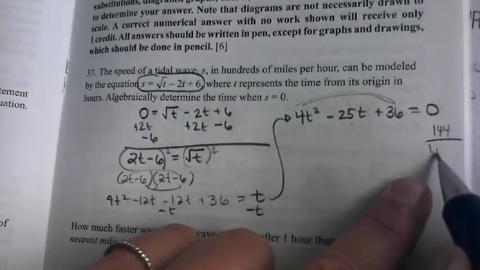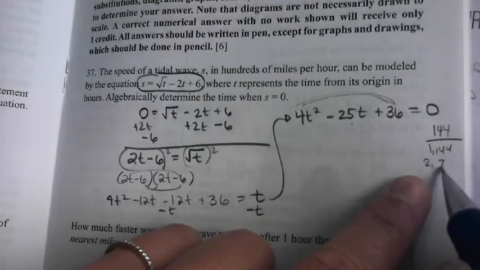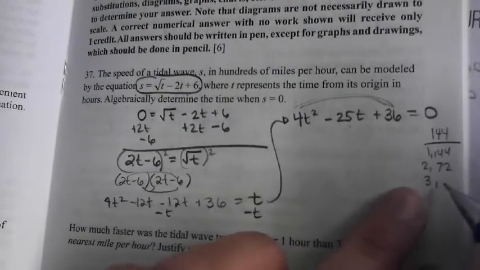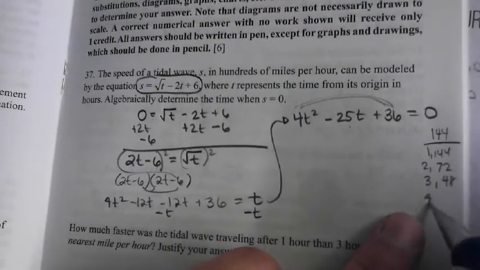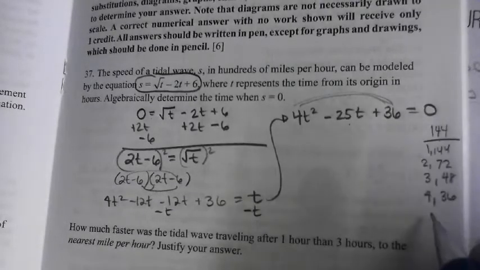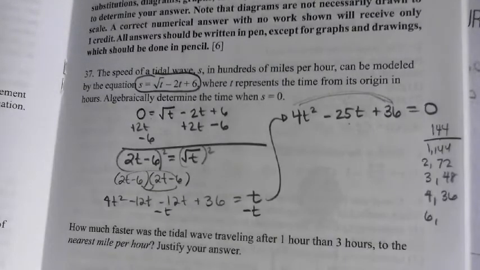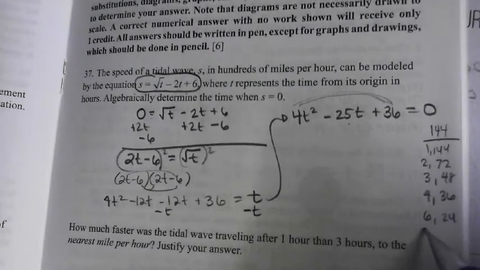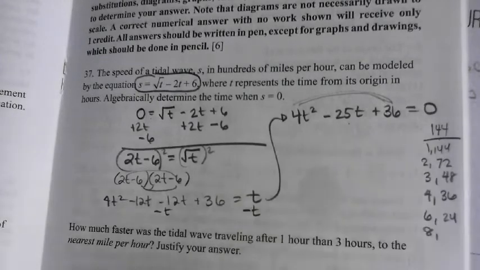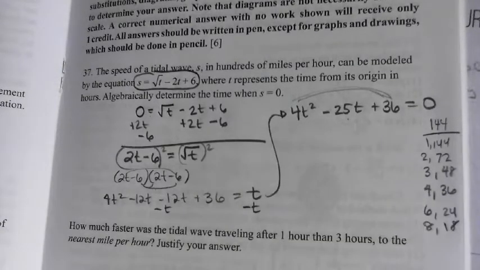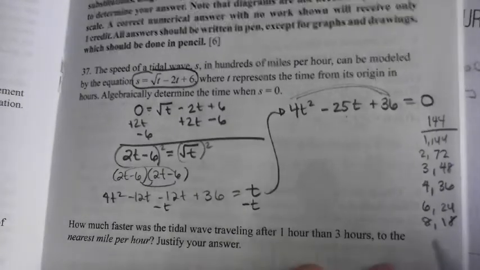So you've got 1 times 144, 2 and 72, 3 and, tell me if you see a combo that's going to make 25. 4 and 36. 5 doesn't go in, 6 and 24. 7 does not go in, 8 and 18. 9 and 16.